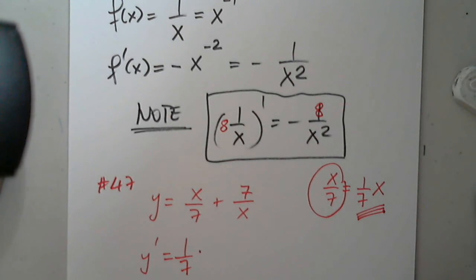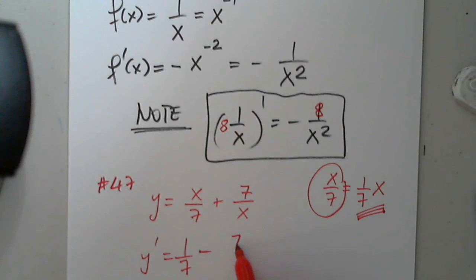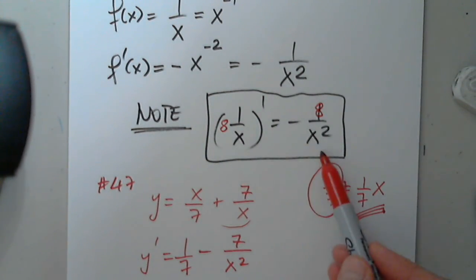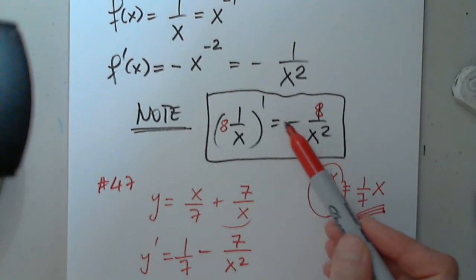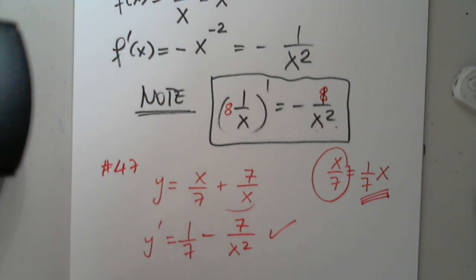I don't have to write anything because x prime is 1. But now this is that. So I don't have to waste my time and differentiate this because I already know the rule. 1 over x prime is negative 1 over x squared, and it's done. And there is no need to show anything else. That's perfect, good enough.